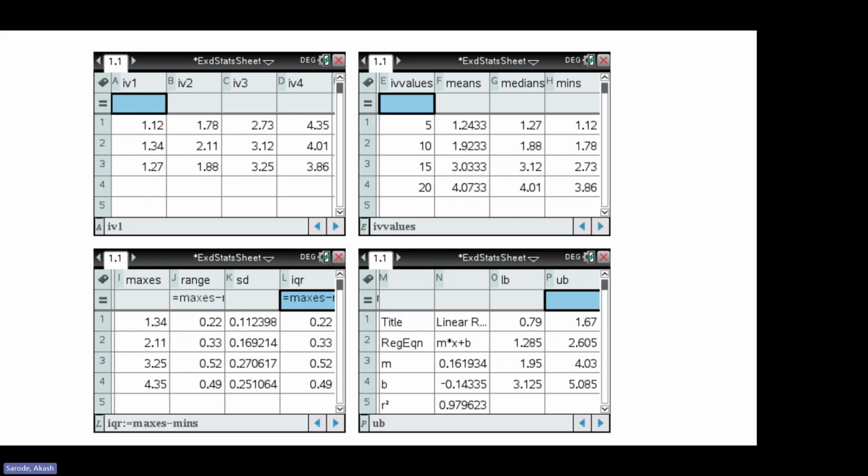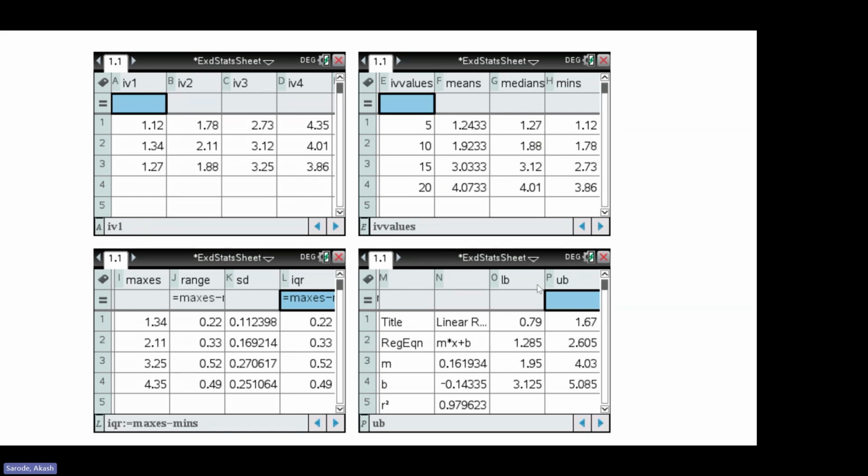So basically, I had a TI Inspire, and I made a table where I could just fill in the values for the three trials for all four of my IVs, and it would spit out basically all the things that I would need for statistics and quantitative data, like mean, median, min, max, range, standard deviation, and the line of best fit and stuff like that.